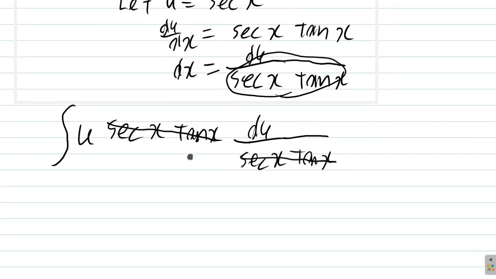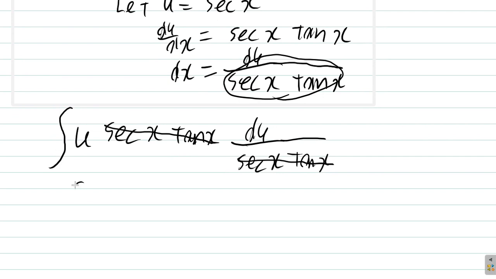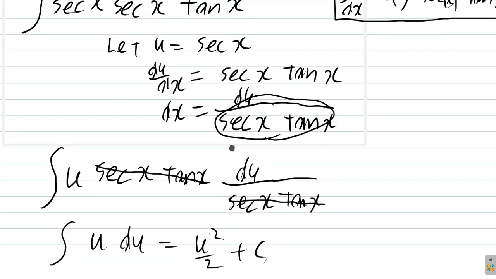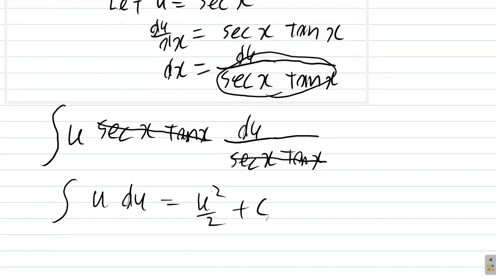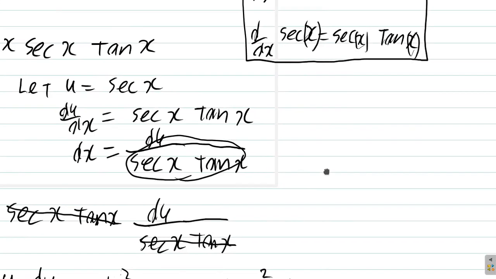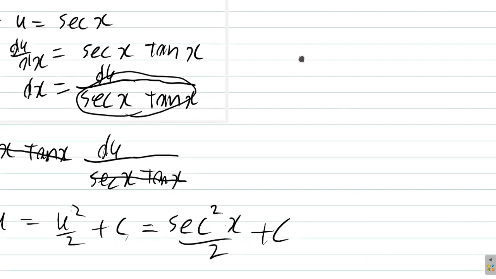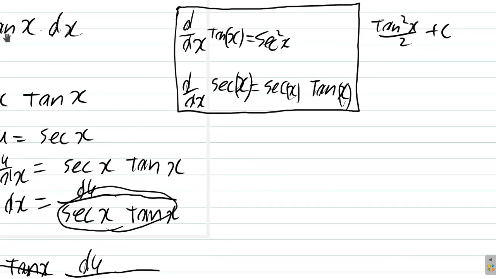So what you have is the integral of u du, which is u squared over 2 plus c. But what was u again? u was sec x. So what you have is sec squared x over 2 plus c. So it is sec squared x over 2 plus c.